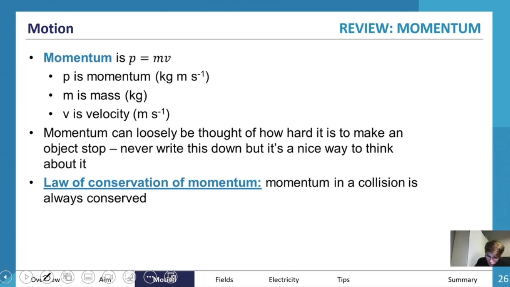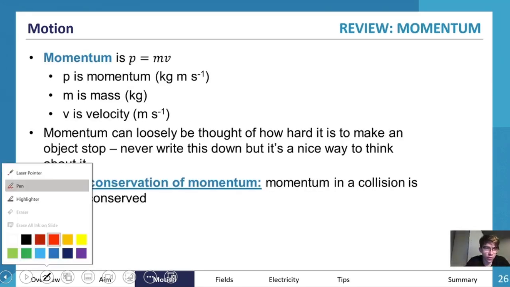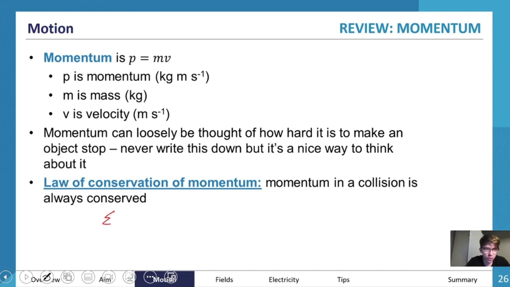It is measured in kilogram meters per second, because it's mass multiplied by velocity, obviously. There is a law called the law of conservation of momentum, that momentum before collision is equal to momentum after a collision. You're gonna learn a lot about momentum. It's an easy topic. But initial momentum is equal to final momentum.